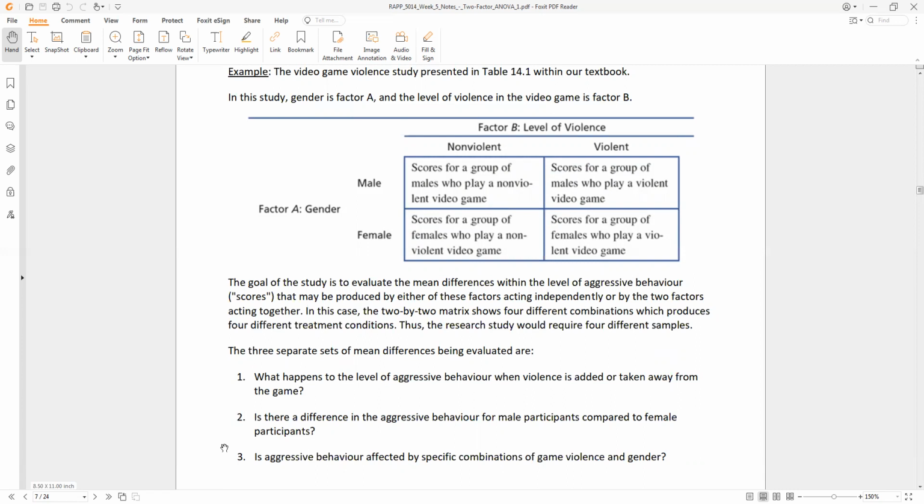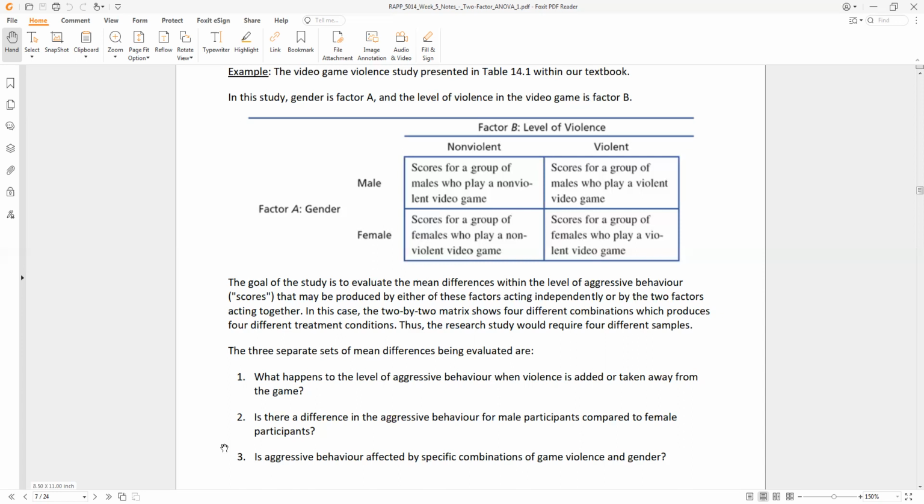So maybe you have a case where violent video games do increase aggression levels, and you might have a situation where men generally have higher aggression levels than women, but maybe one specific combination, like women playing violent games, is higher or lower than you would expect just based on the information you have about the factors alone.